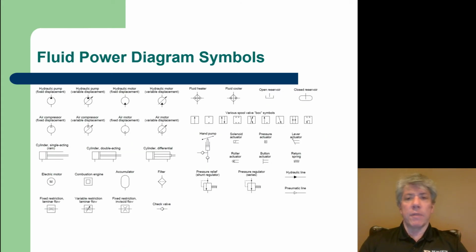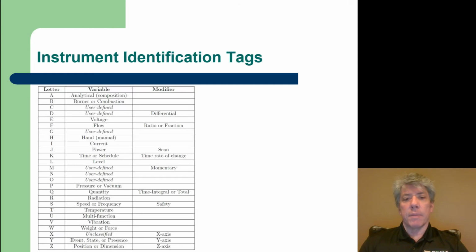You've probably had a fluid power class. If you haven't, fluid power, whether it be hydraulic power or pneumatic power, have their own sets of symbols, and these can be included on a P&ID. Although there's a lot of variety within those two sub-disciplines, and these are just some of the standard symbols that you might or might not see on a P&ID.